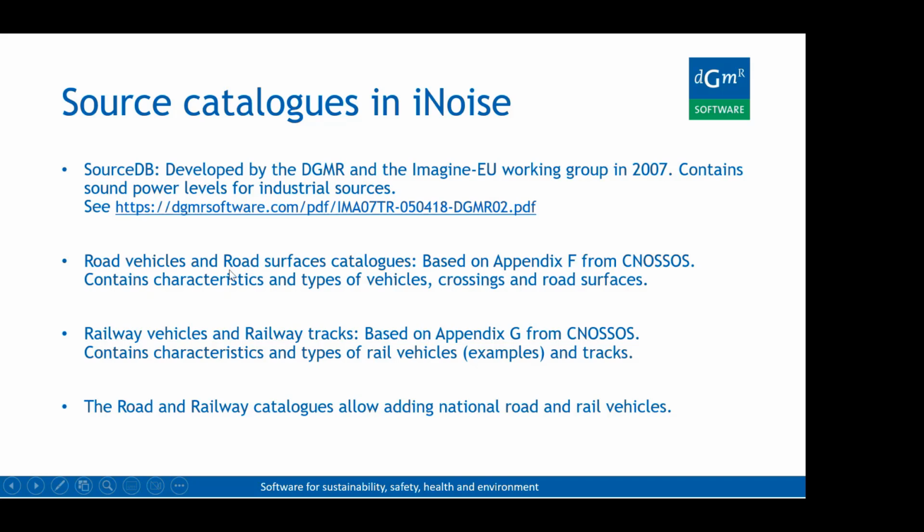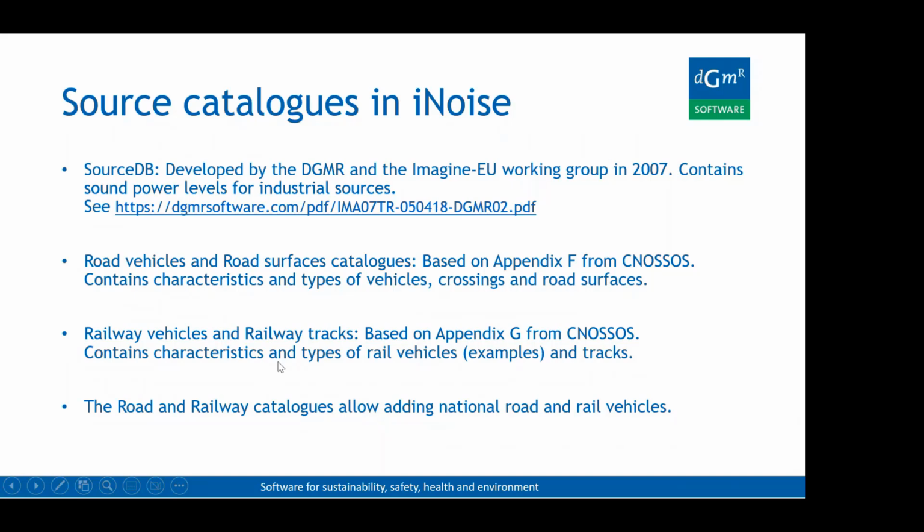Then road vehicles and road services catalogs are included in iNoise. They are based on Appendix F from CNOSSOS, and this contains characteristics and types of vehicles, light vehicles, medium, heavy, etc., crossings, and also road services. Then there are railway vehicles and railway tracks catalogs in iNoise, and these are based on Appendix G from the CNOSSOS method.